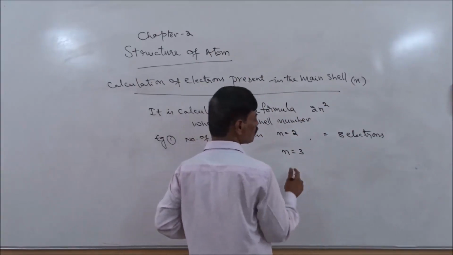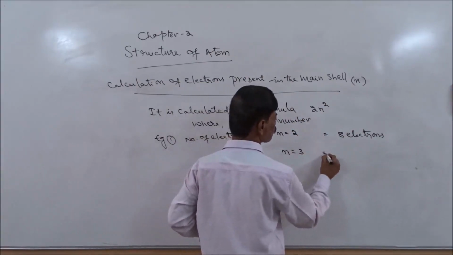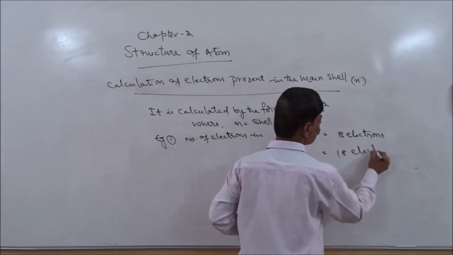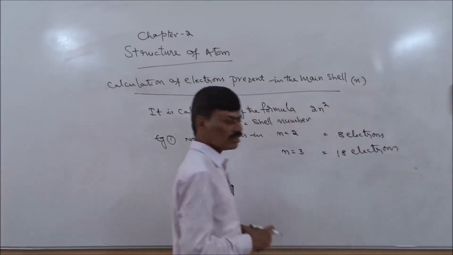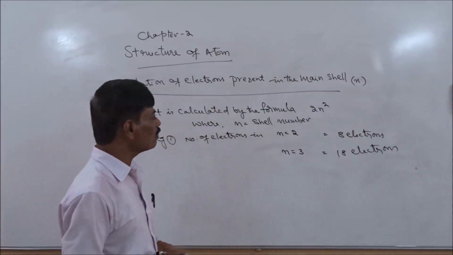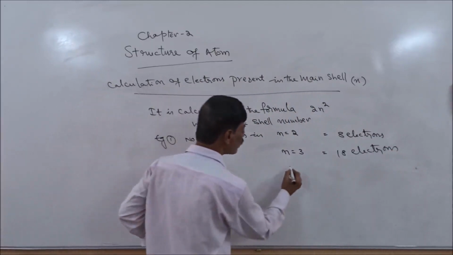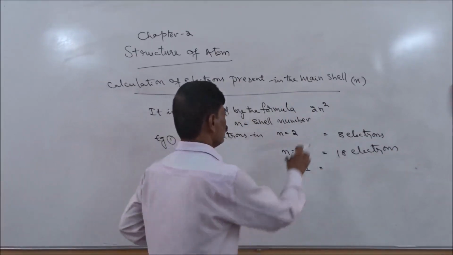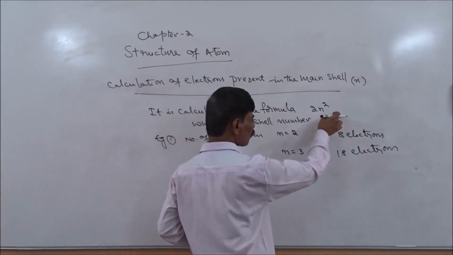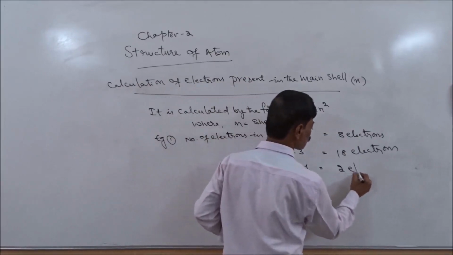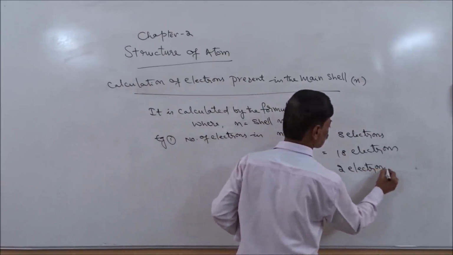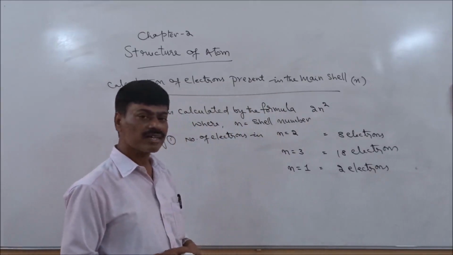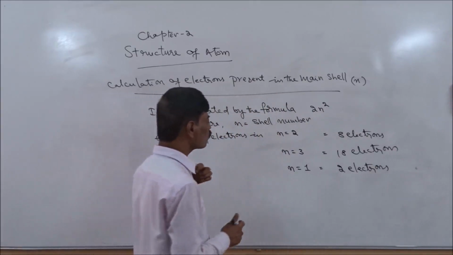Next, when it is equal to 3, then it is 18 electrons. In that way it is substituted. If n value is equal to 1, n square 1 into 1, 1 into 2, 2 electrons can be accommodated when shell number n is equal to 1.